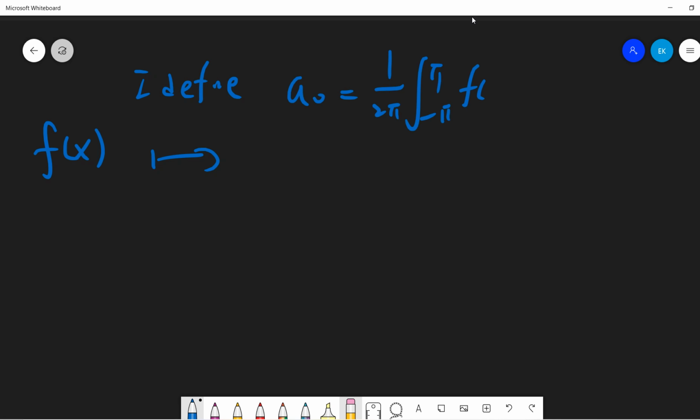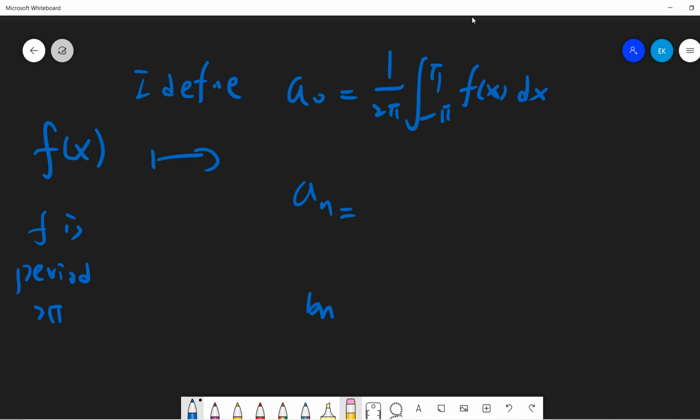Okay, so if somebody gives you f of x, then I define the Fourier coefficients. a naught is just 1 over 2 pi times the integral of f, where f is a function of period 2 pi.